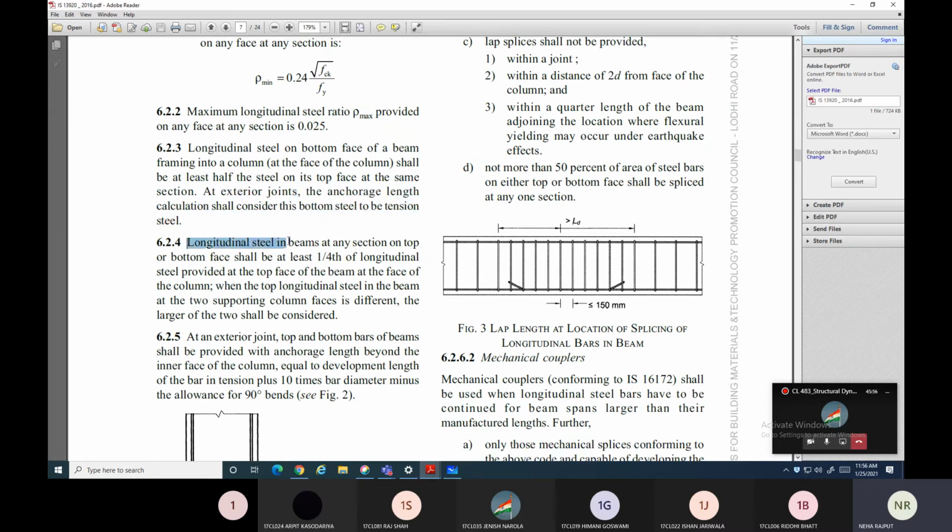Then longitudinal steel in beams at any section on top or bottom face shall be at least 1/4 of longitudinal steel provided at the top face of the beam at the face of the column.